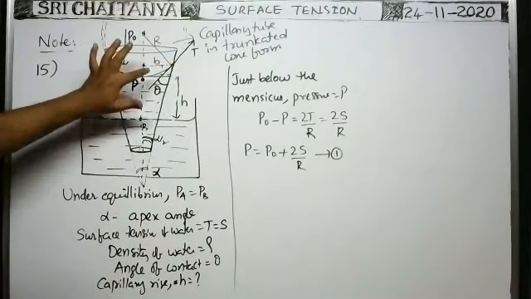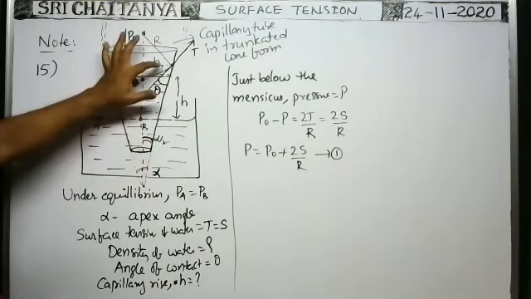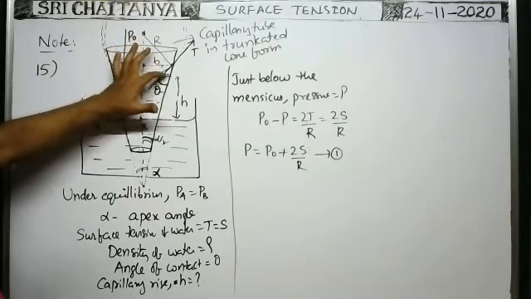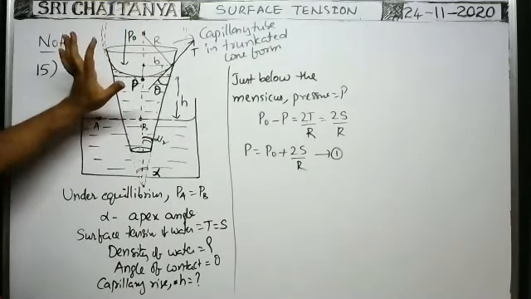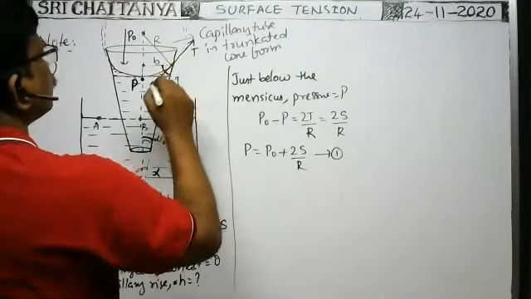All of you see carefully. It is a right angle triangle. If this is alpha by 2, this angle is 90 minus alpha by 2.